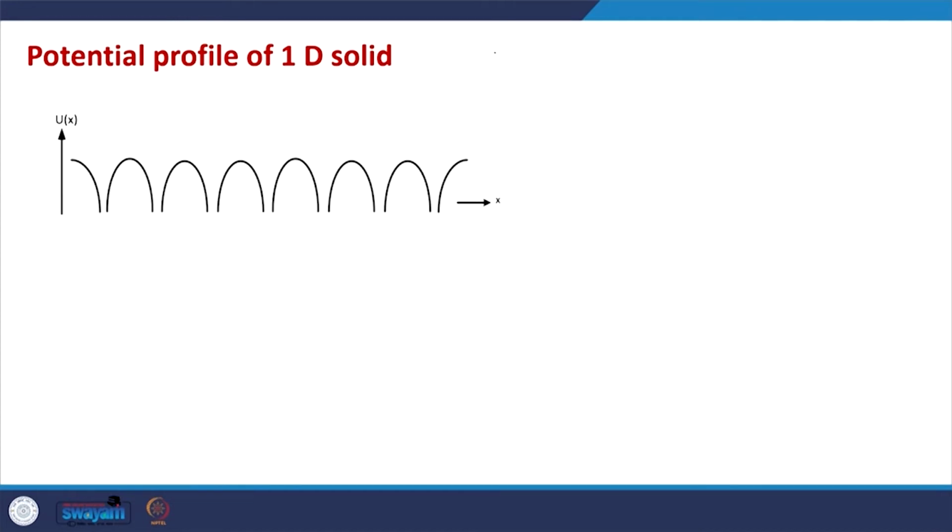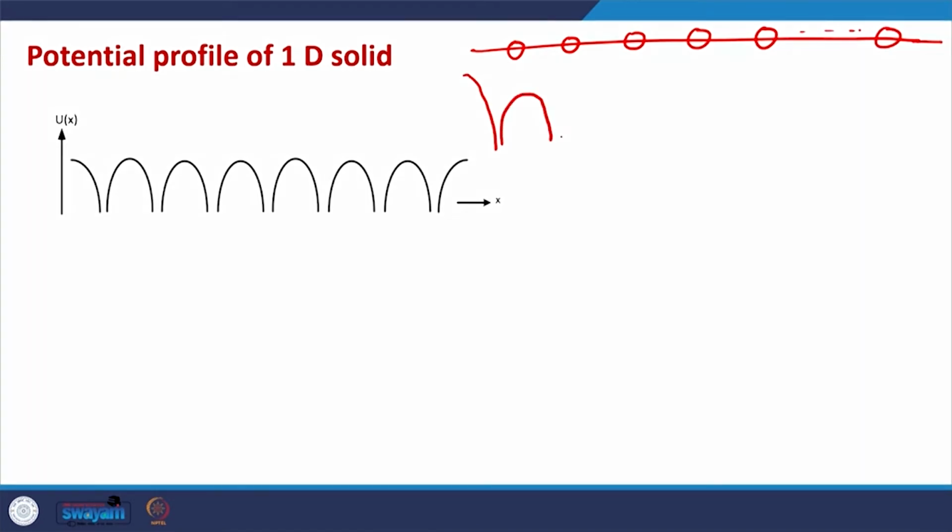In a 1D solid, if we precisely plot the lattice here, the potential energy of the electron in this system would look something like this. So, this is how the potential energy would look.